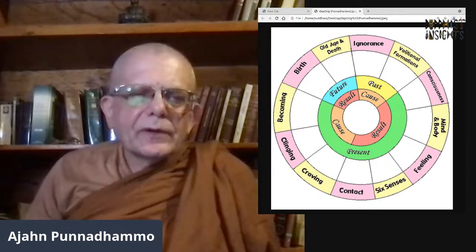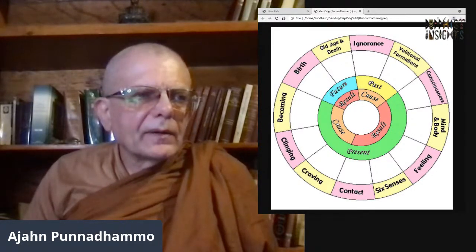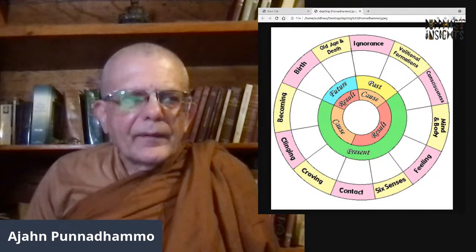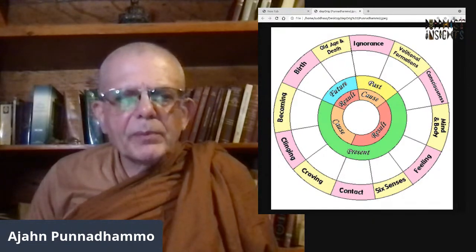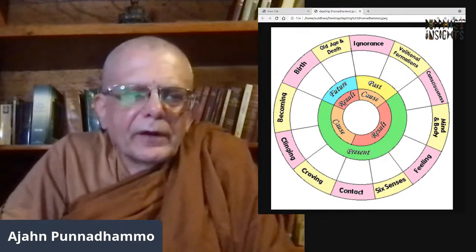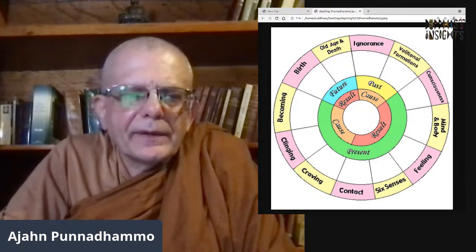And Vedana is also categorized as mental and physical, although they're all ultimately mental, they're experienced in the mind. The physical ones are Vedana that is experienced immediately through the body, pleasure and pain in the body, like a sore foot, or a nice cool breeze on a hot day is pleasant.